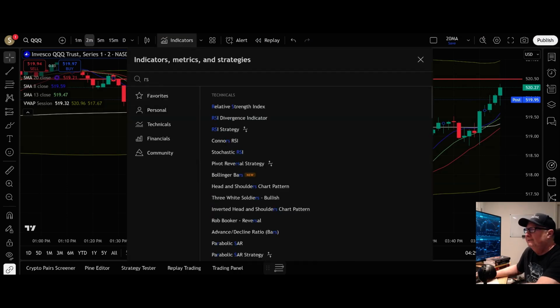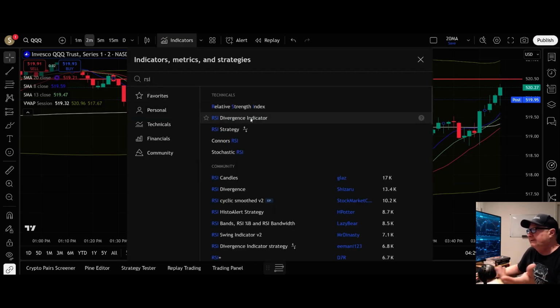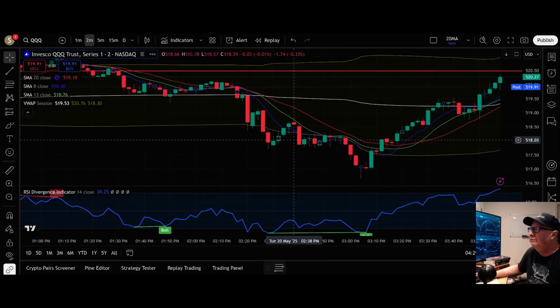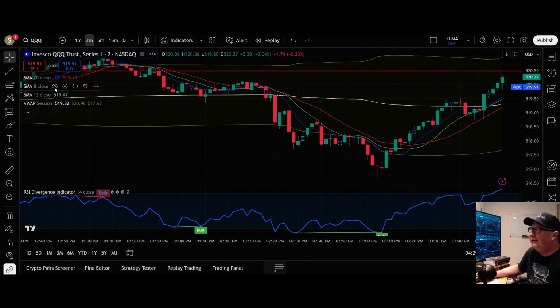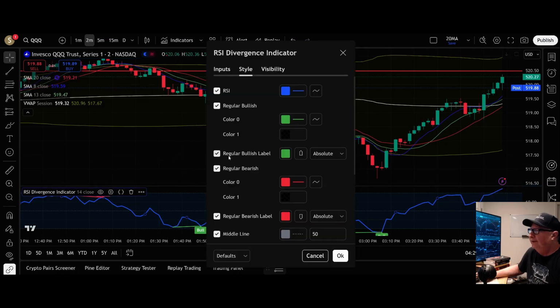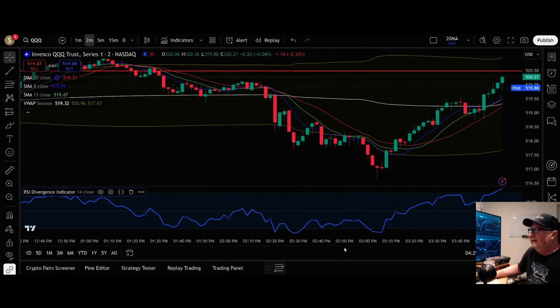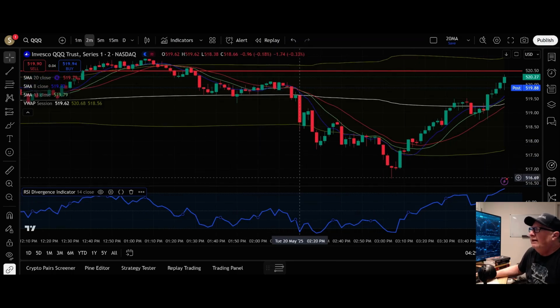And I use the RSI Divergence indicator in TradingView. But what I do when I put this indicator on is I take off these labels. Because I really don't want the software telling me where the divergences are.